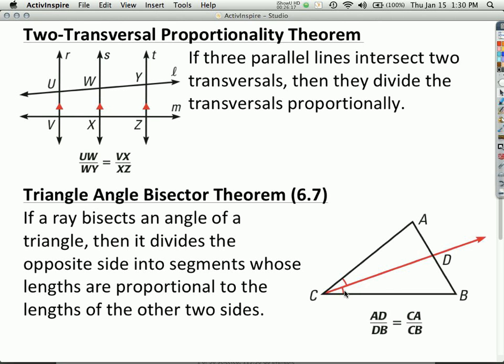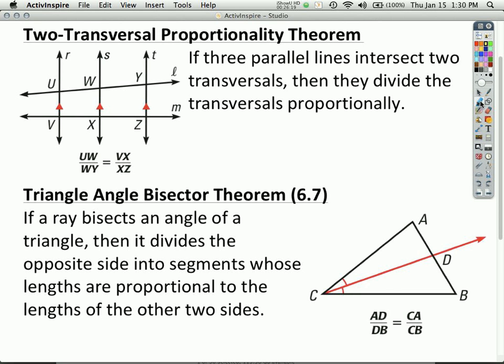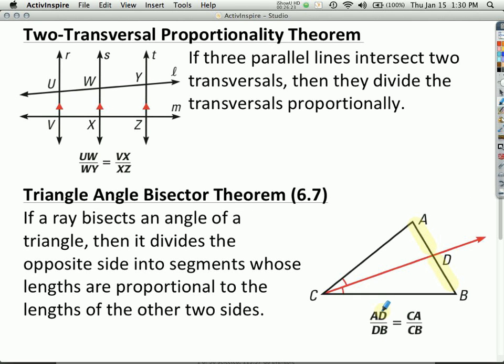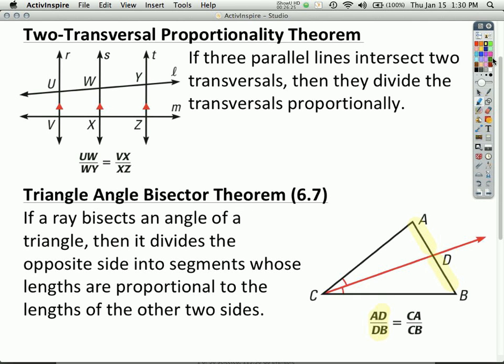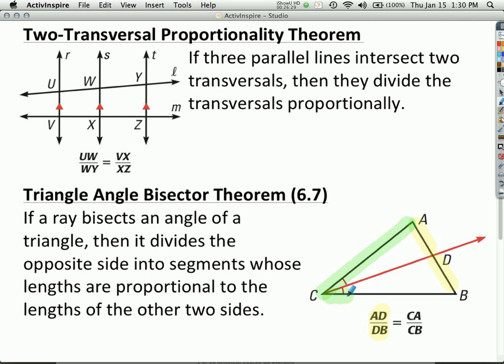Then we have a proportional relationship between this segment and this segment, that's here, and the sides of the triangle, here and here. That's what's right there. Anyone have any questions about that? Any thoughts about anything? Any concerns?